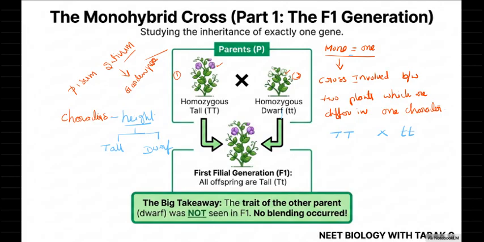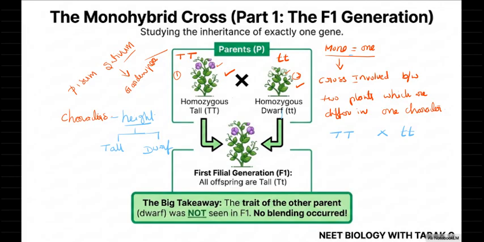The dwarf plant has a small t. These are the genotypes. What is the phenotype? Tall and dwarf are the phenotypes.